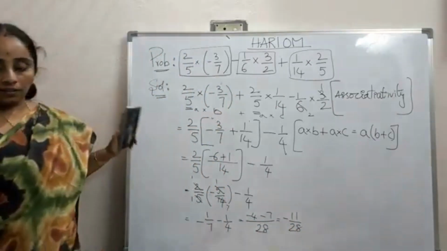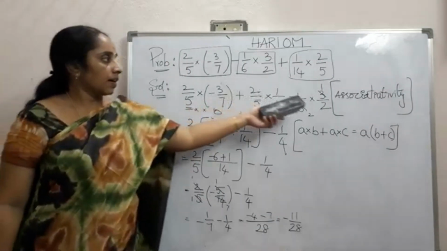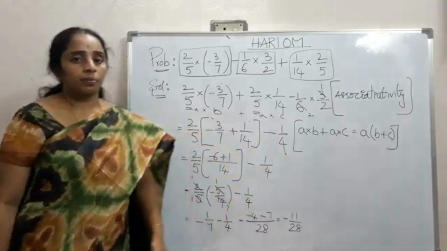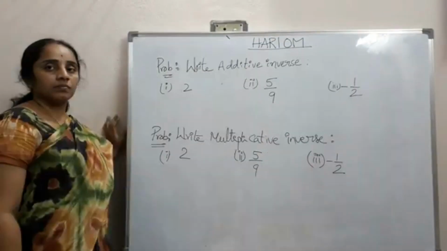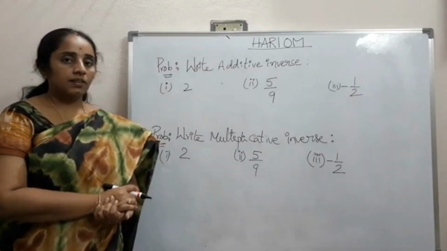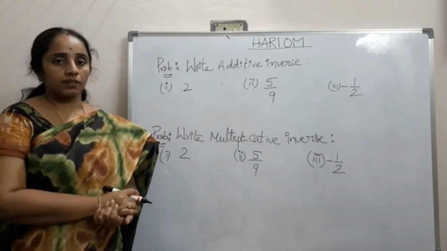So again we used the associative property and the distributive property. Here is the next one. Write the additive inverse and multiplicative inverse.